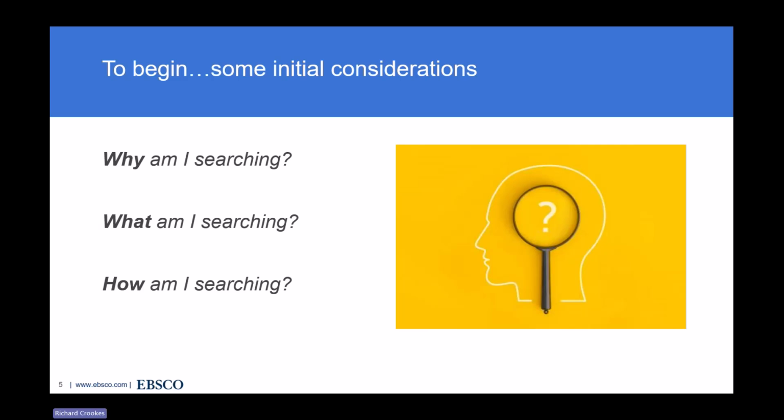Is it more biomedical related? Is it nursing, allied health? Of course, we can be somewhat biased because we look at MEDLINE today. And then how are we searching? Which resources? What limitations? Again, which database would you gravitate to initially? And of course, in a lot of cases, you'll be searching both MEDLINE and CINAHL, or MEDLINE, CINAHL, and other databases like APA PsycInfo, if it's more psychiatry related as well. So just some initial considerations.